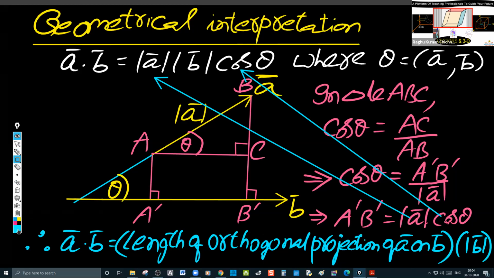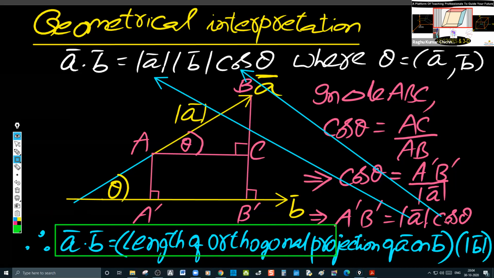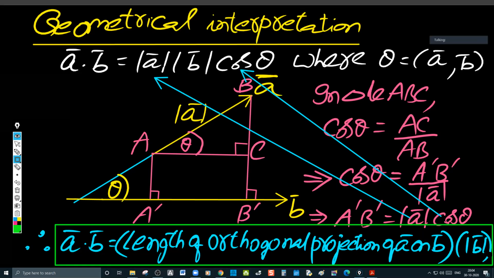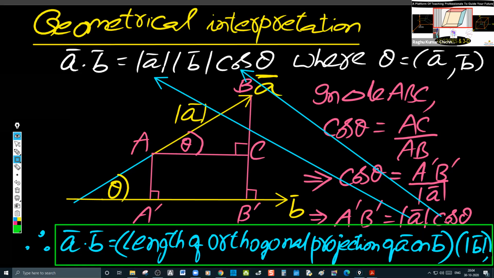This is what you have to understand. This is what I'm trying to explain to you. Tell me whether you understand this or not, or if not, I'll explain it again. Sir, understood, sir. Generally the geometrical meaning is neglected, but it is better you understand it.